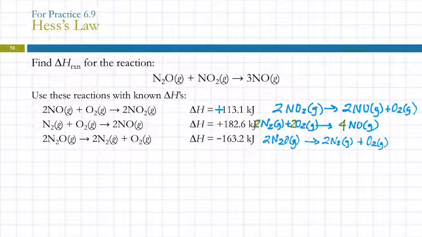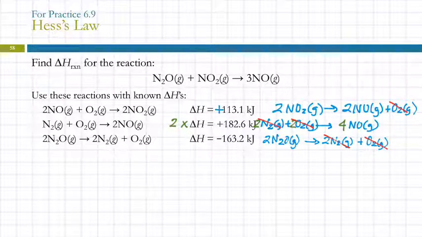Multiply by 2. So I have to multiply this one by 2. So let's see how things are working out now. So I have 2 N2s there. That'll cancel the 2 N2s over there. And 2 O2s will cancel those 2 O2s, right?